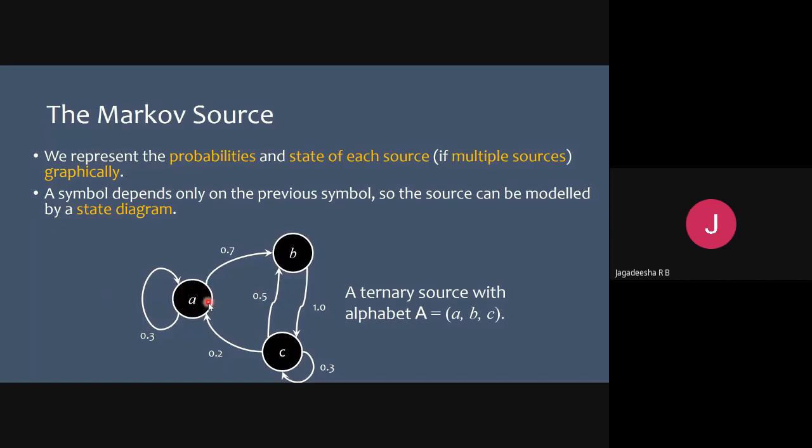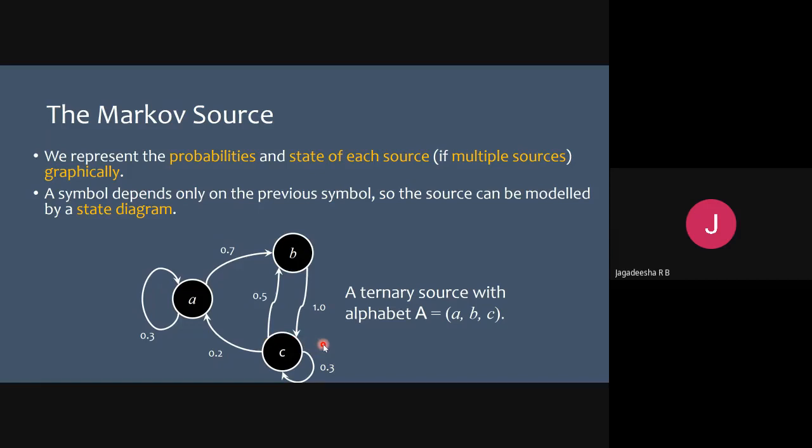For example, A is one of the states, and there is an arrow indicating back to A. It indicates that currently, if the source has emitted a symbol A, then the next symbol would be A with a probability of 0.3. And if the current symbol is A, then the next symbol would be B with a probability of 0.7. Similarly, the concept applies to all these states.